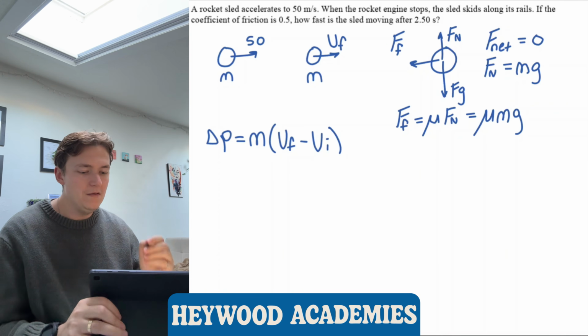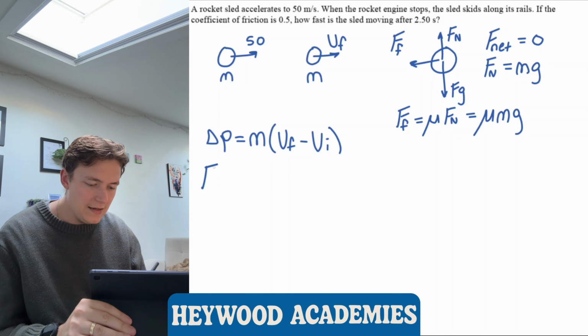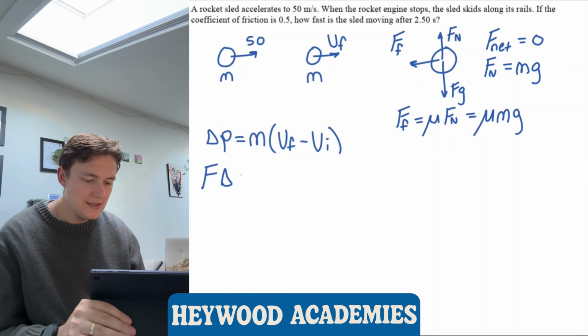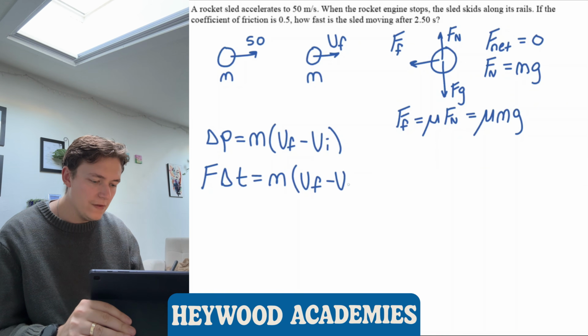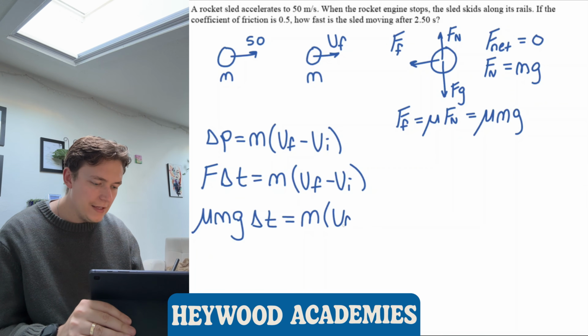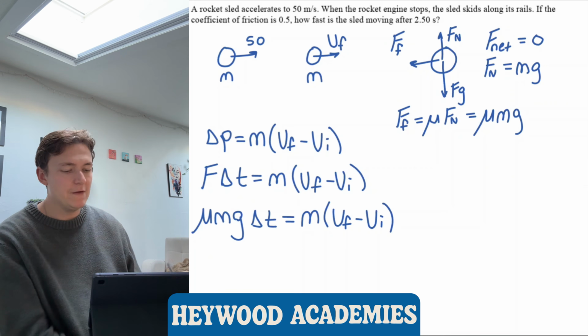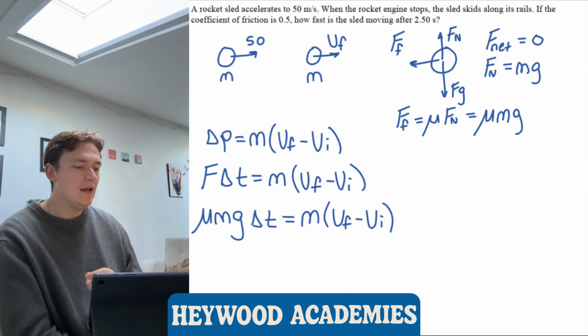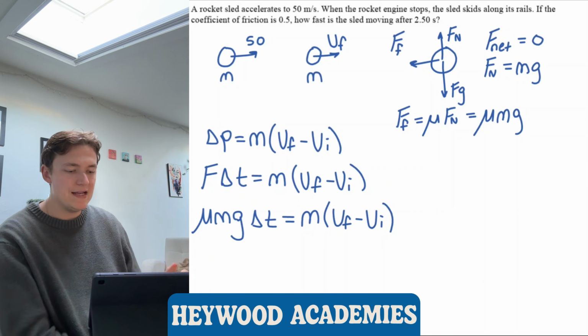Mass is unknown, but if we plug in our equation for the impulse, which is force times delta t, and then we go one step further and replace the force with the equation that we just came up with, we get mu m g delta t is equal to mass times v final minus v initial. Okay, now there's a lot of stuff here, but the reason why we're doing it like this is because we weren't given the mass, so we couldn't just plug in those numbers and then take the result from that and go to the next step.